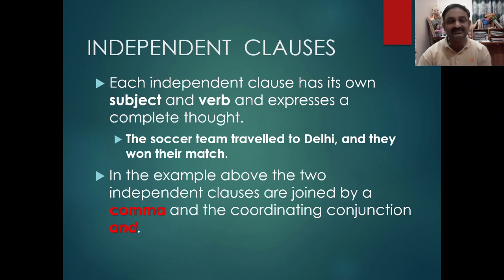The first one is the soccer team traveled to Delhi, and the second one is they won their match. So in the example above, the two independent clauses are joined by a comma. I think the comma is visible to you all, and the coordinating conjunction and is also connected here, so that both the independent clause sentences are joined by a comma and.